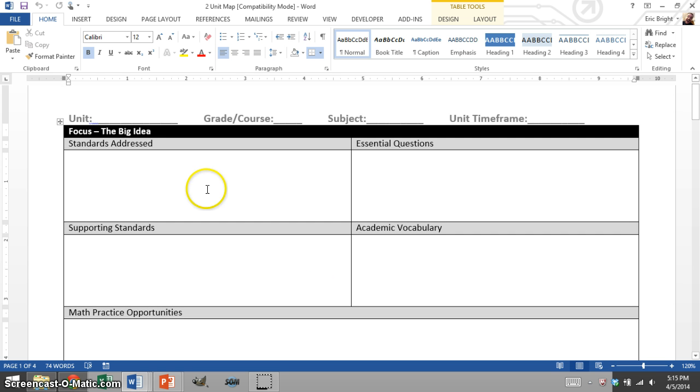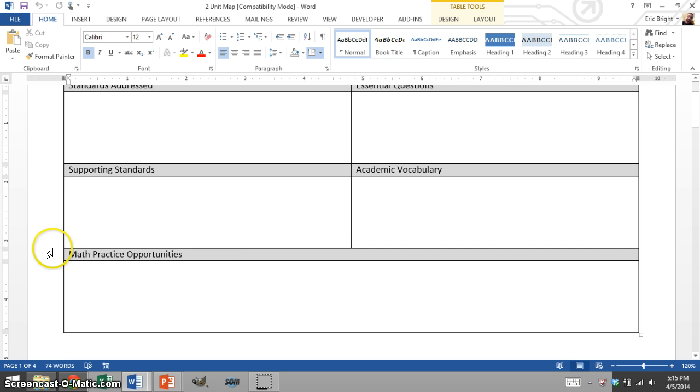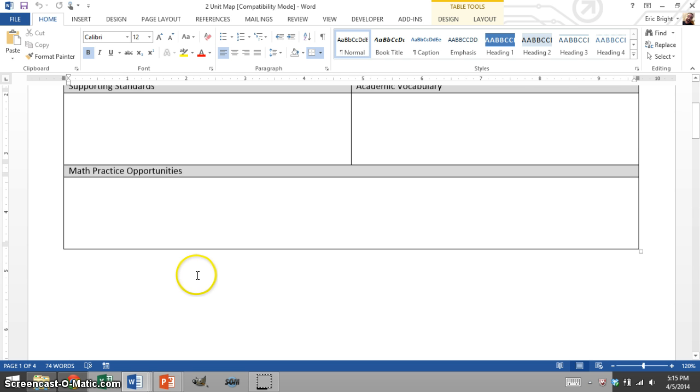And then not only the content standards that we're addressing, but what mathematical practice standards are we going to have there, and what opportunities do we have to experience those mathematical practices? You're not always going to be able to incorporate all of those mathematical practices into every single unit. We might be focusing on just a few that really lend themselves to this particular math standard, so you can list those here so that we know what the focus is.